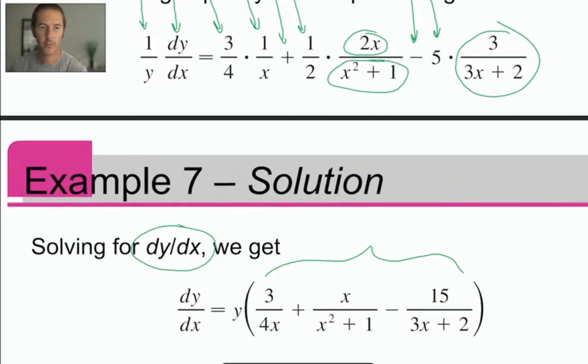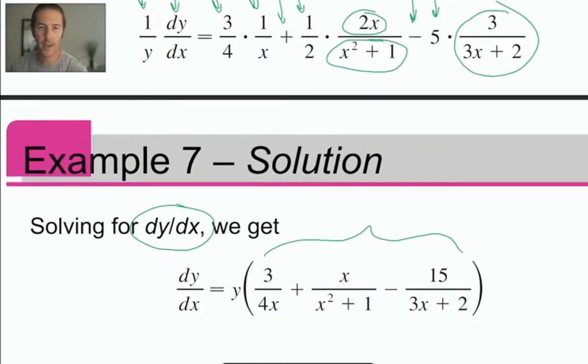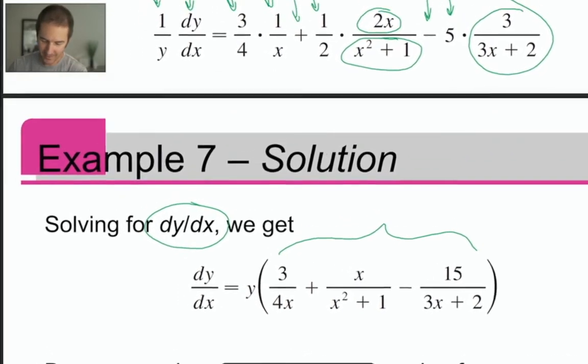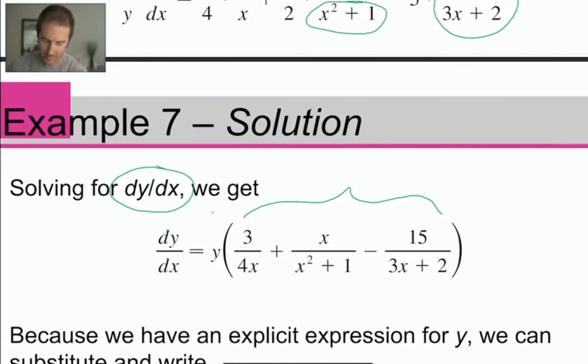However, there's no longer a 1 over y on the left-hand side. We've multiplied both sides of the equation by the reciprocal, y over 1, or just y, which is the reason that you're seeing this y right here, and you don't see the 1 over y here anymore.